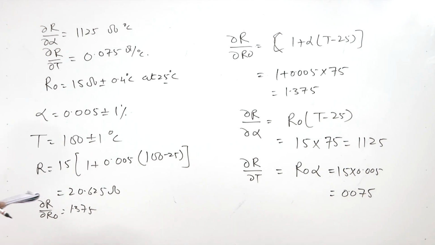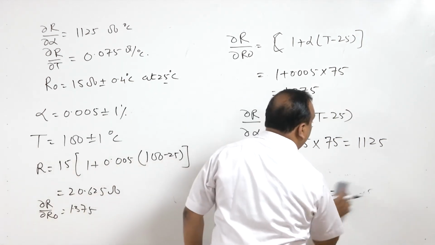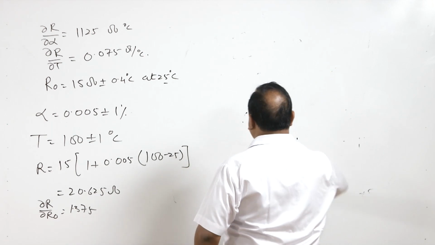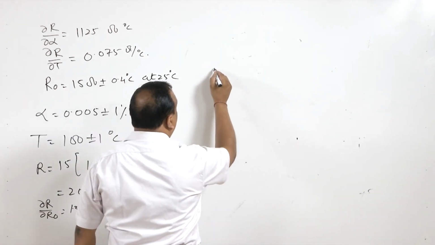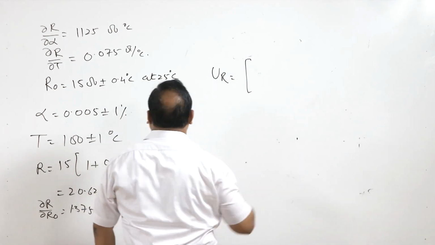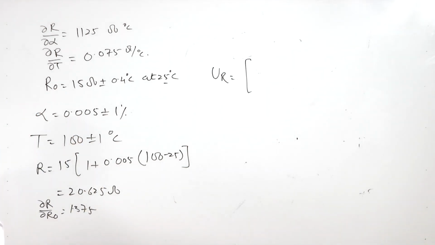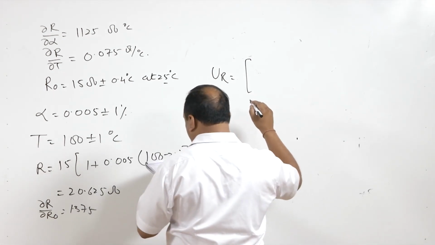Now, the uncertainty in the determination of R, not the measurement of R, is the partial differentiation of R with R0 and the error in the measurement of R0. So, the partial differentiation is 1.375.